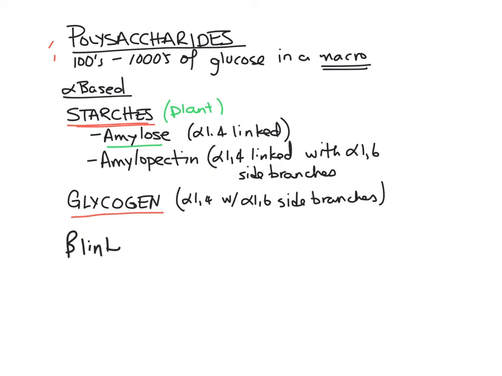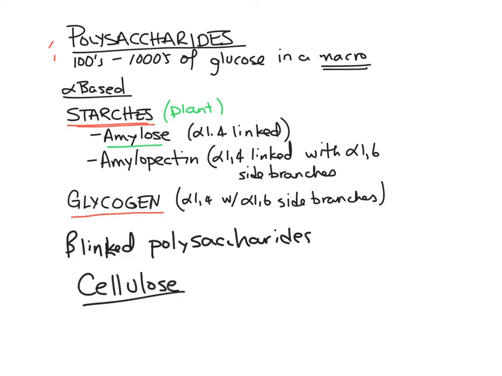And then when we start looking at the beta-linked polysaccharides, we're dealing with cellulose, primarily in, again, plants. And it's beta-1,4 linked.